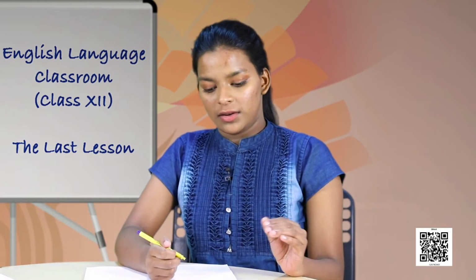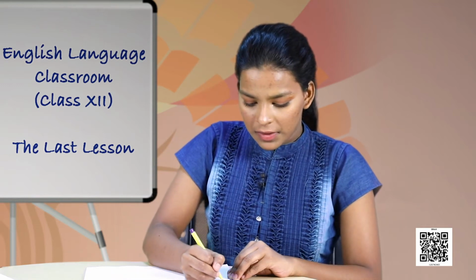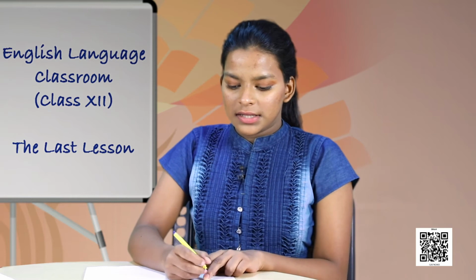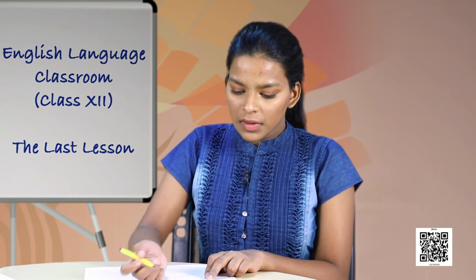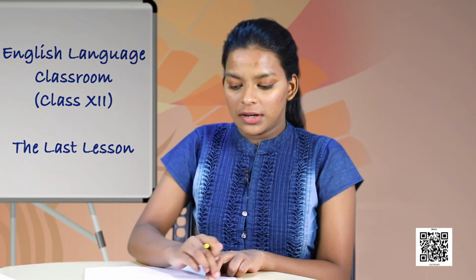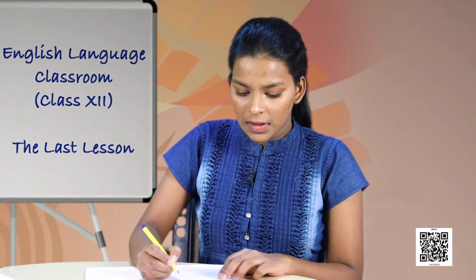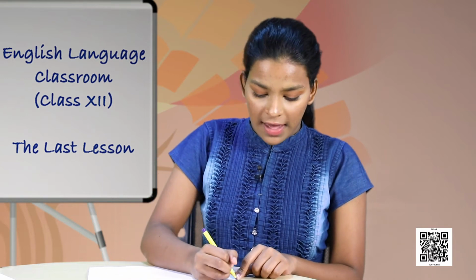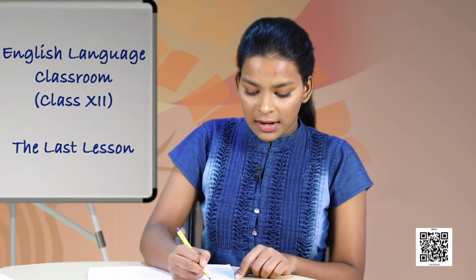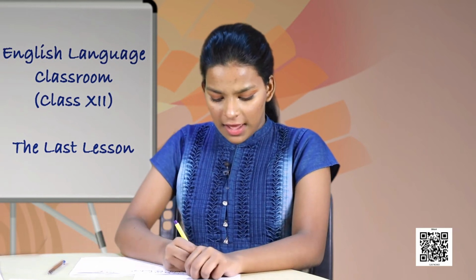So, let me write what, when and where. What? It's a tree plantation program. So, let me write tree plantation program. And when? It's written on 20th July 2020. After what and when, I will write where.